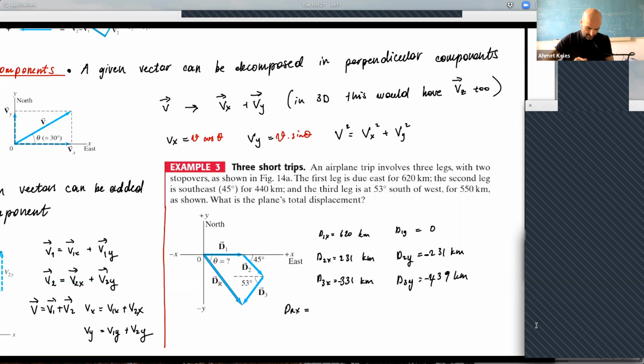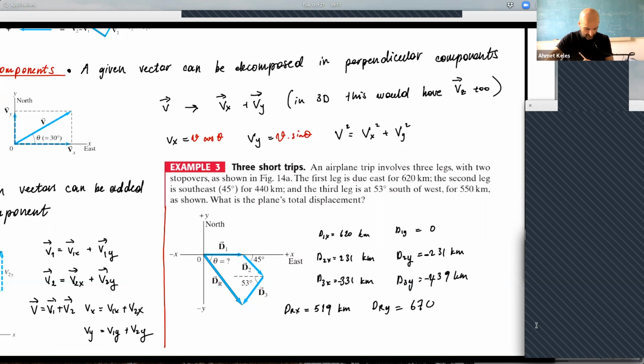Let's sum these numbers. 620 plus 230 minus 331 is equal to 519 kilometers, and the resultant vector y is equal to 231 and 439, 670. Now we need to calculate two things, right?